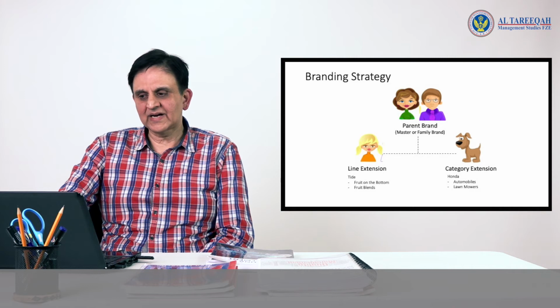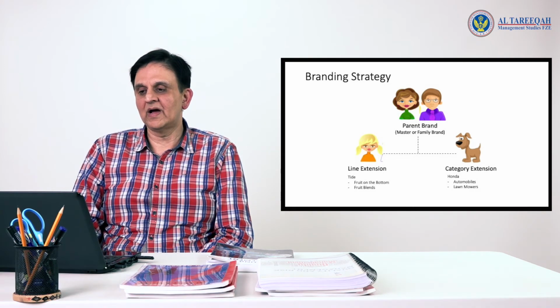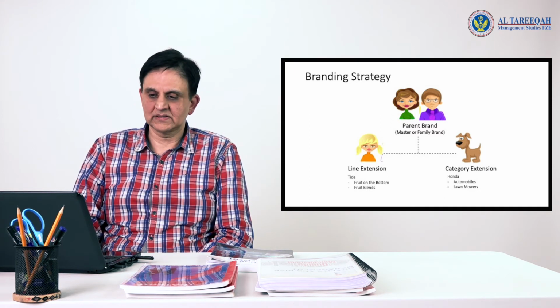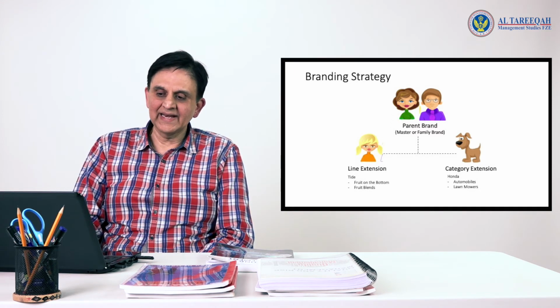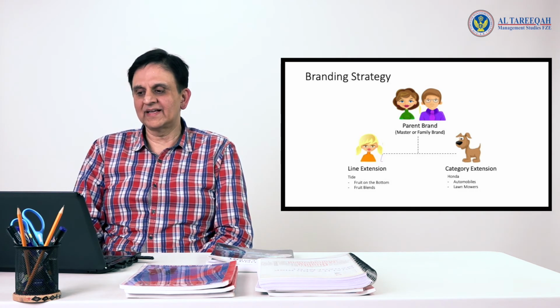Brand strategy: you can very well decide on a parent brand. For example, you have Mirinda. Do you want to use that, or do you want to use something else to be able to reach out to your customers? So you have a line extension, or you have a category extension.